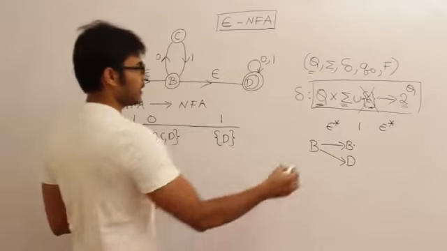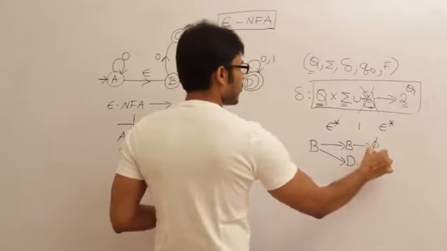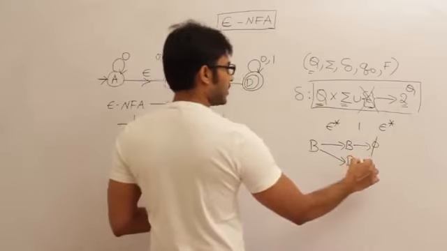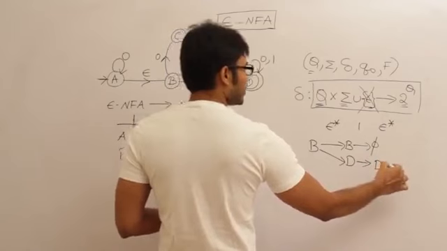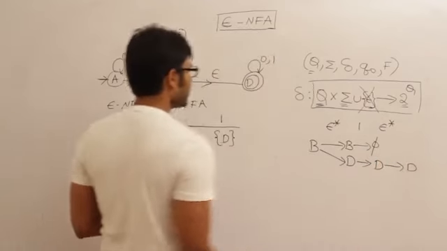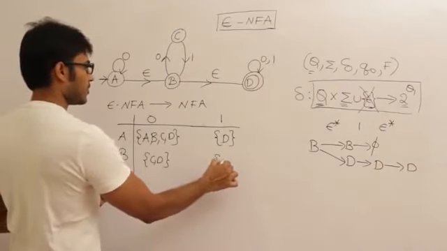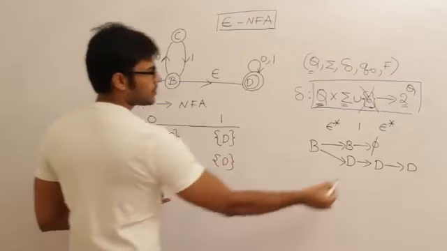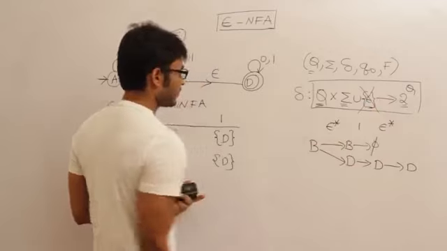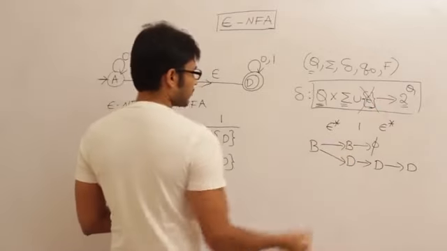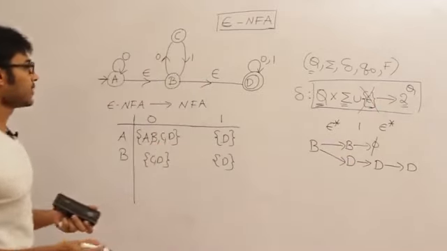Capital B on 1, it doesn't have any move. What about capital D on 1? Capital D on 1 is going to have one move, which is capital D. What is epsilon closure of D? Simply D. Therefore write it as D. What happens to phi? Phi is nothing but does not contain anything. So how can you say that it can go somewhere, from nothing, nowhere? So we are not going to write anything for that.